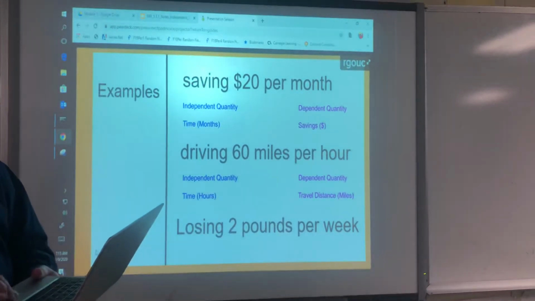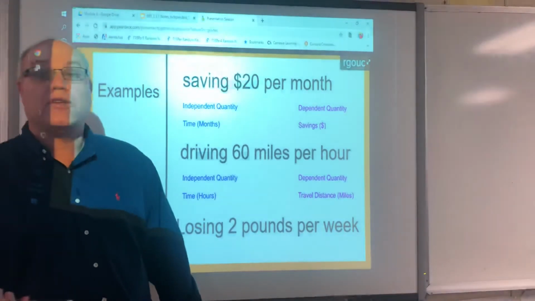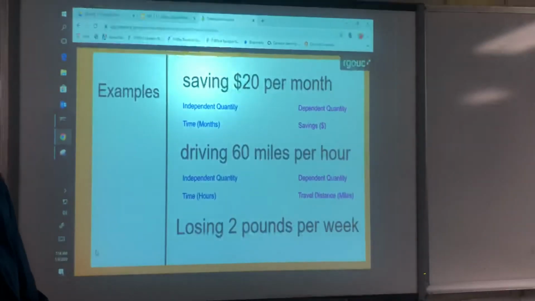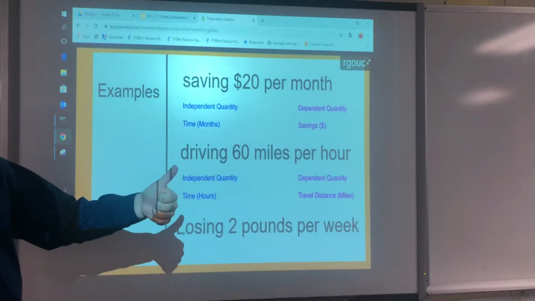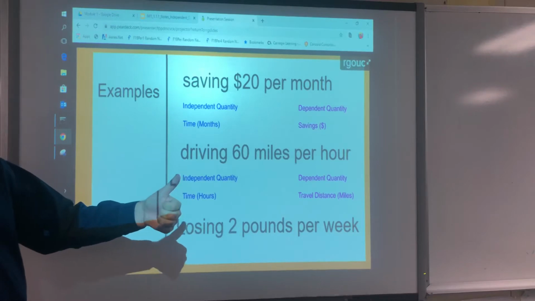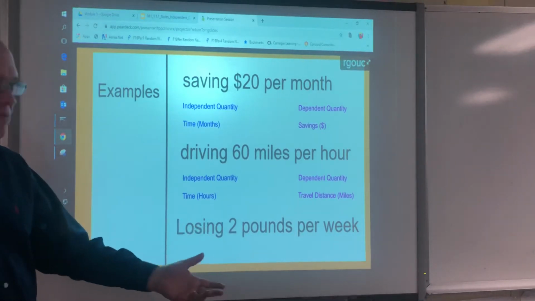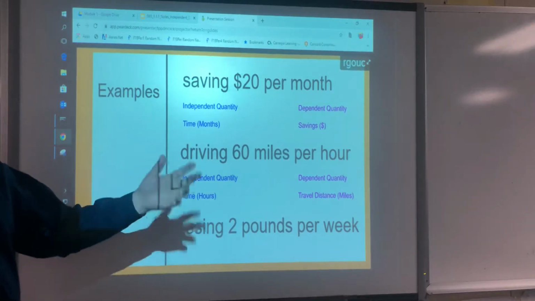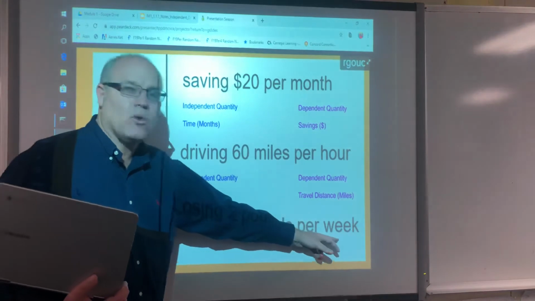All right, one more example here. Let's look at losing 2 pounds per week. What are the two quantities? Well, one quantity is pounds lost, or weight loss, I guess would be better. So weight lost, and the unit of measurement is pounds. Right? And then the other quantity is going to be time, and this time the unit of measurement is in weeks.